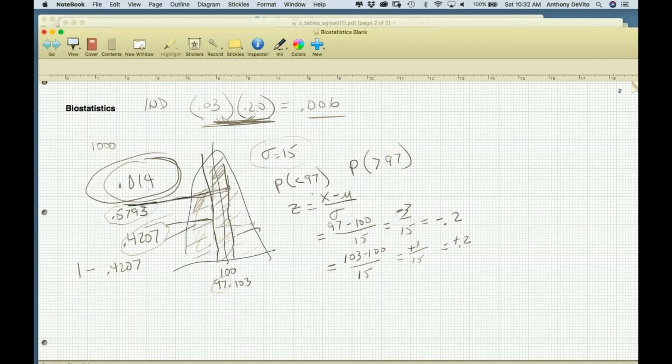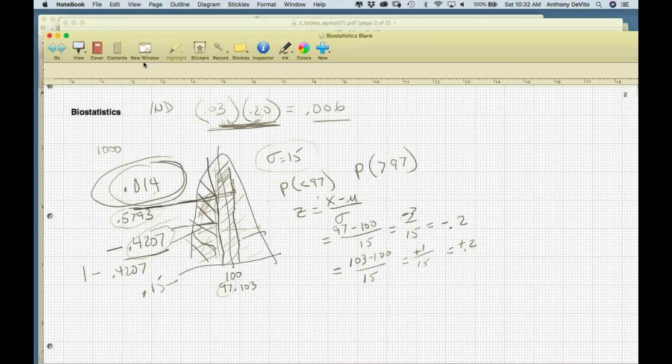If I take this larger area and subtract the smaller area from it, it leaves me with the area that I'm interested in. So all I do is subtract them and get a total, whatever it is. That's basically the kind of thing that you would probably run into here.